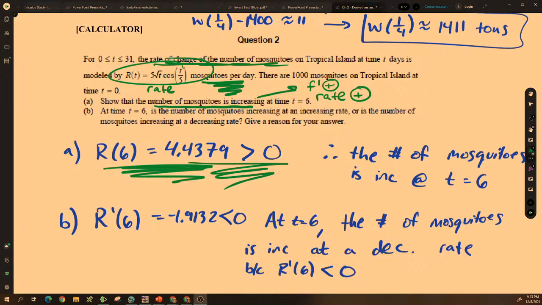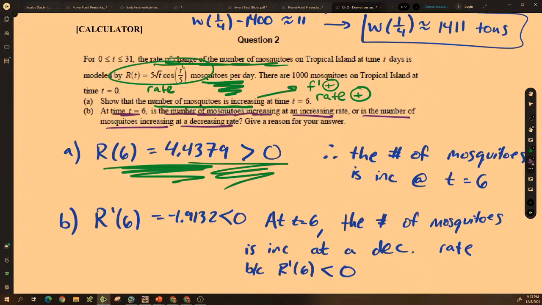The next one is pretty weird looking, and it's at time 6: is the number of mosquitoes increasing at an increasing rate, or is the number of mosquitoes increasing at a decreasing rate? When you read that, it sounds really weird. But we already know that the number of mosquitoes is increasing. That's what part A determined. So when they say increasing at an increasing rate, that's the second derivative, right?